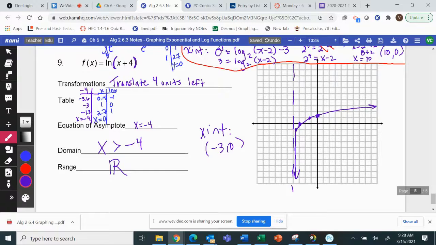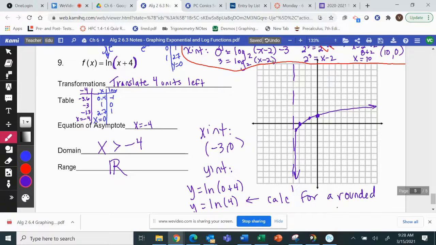But to find the y-intercept, you would make x 0. Actually, now I've already done this far. And to find the y-intercept, it would be at ln 4, which we could use our calculator for an approximation. ln 4 is the exact answer, but we could type it in to find the approximation on our calculator.